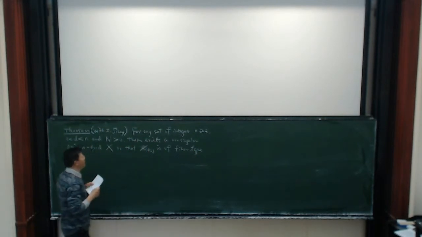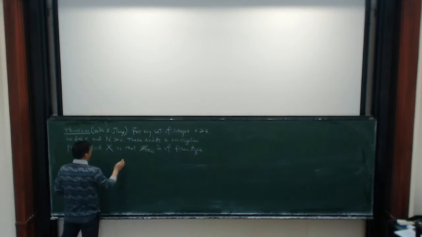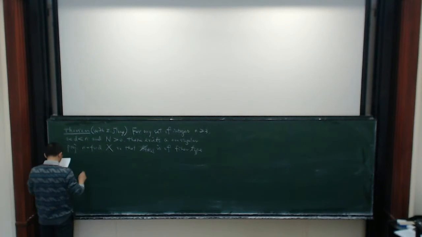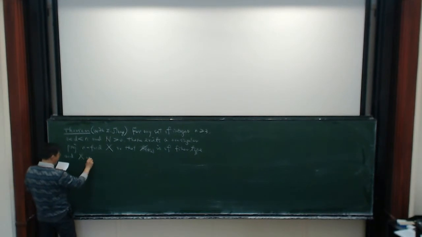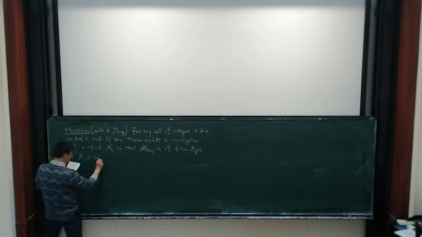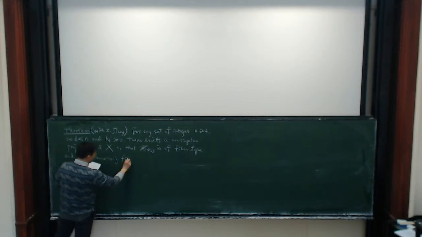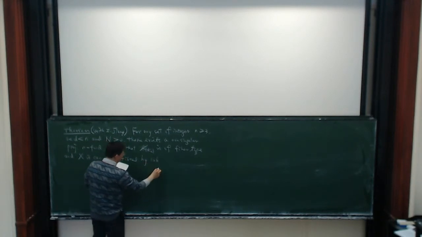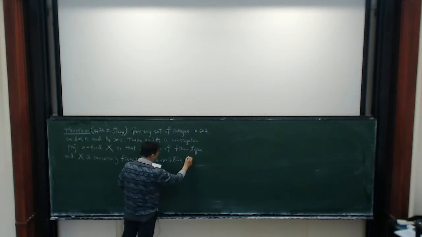Fiber type means the image of X under this map is strictly smaller than dimension n. So X is canonically fibered by subvarieties, say F.